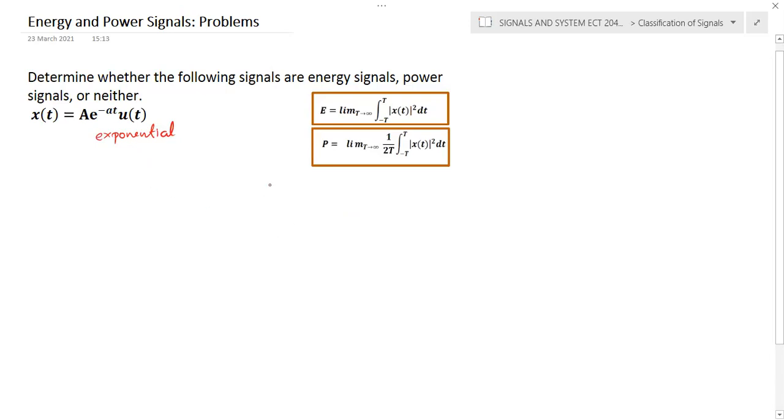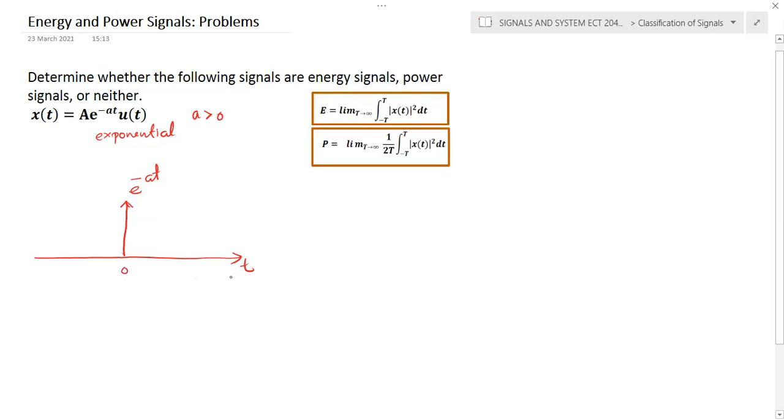Now we can see the shape of this waveform. If we take e raised to minus at, this is an exponential decaying signal, so I can draw the general behavior of this waveform. Here a is a constant, and one more point you should remember is that a is greater than 0.